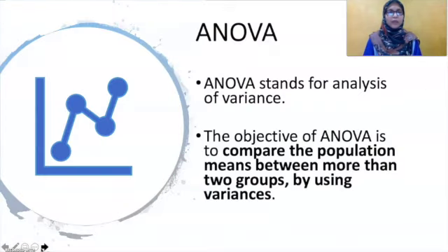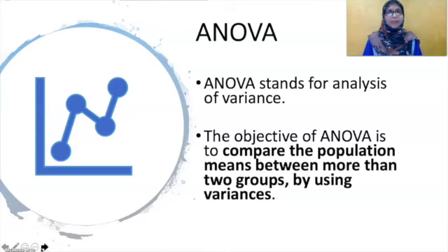So what is ANOVA? ANOVA stands for analysis of variance. The purpose of analyzing the data using ANOVA is to compare the population means between more than two groups by using variances. If you recall the previous lecture, the independent sample t-test involved one independent variable and one dependent variable.